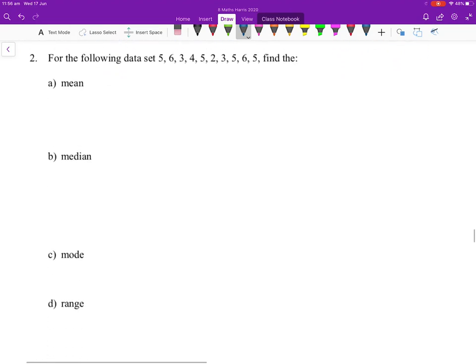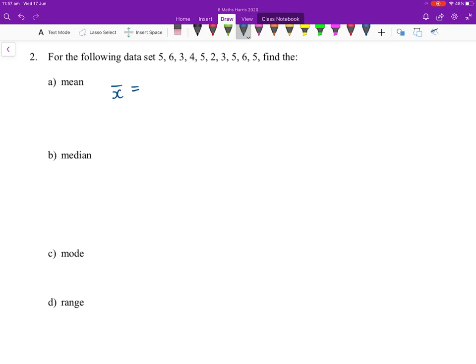Question number 2. For the following data set, find the mean. Well, when we're finding the average, we add all of the numbers up. Now, I'm not going to write 5 plus 6 plus 3 plus 4 plus 5 plus 2 plus 3 plus 5 plus 6 plus 5. I'm just going to do that now.